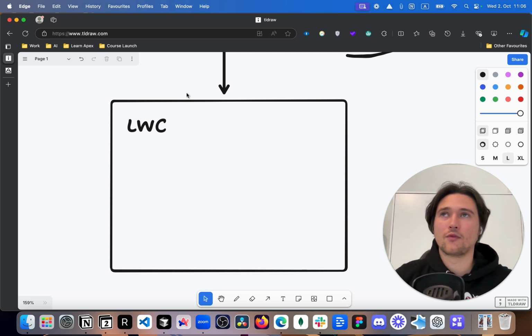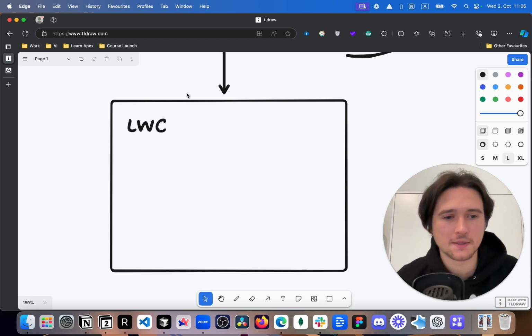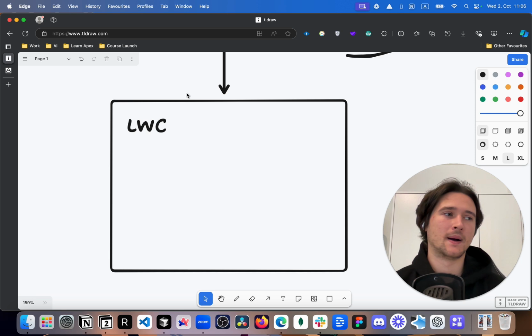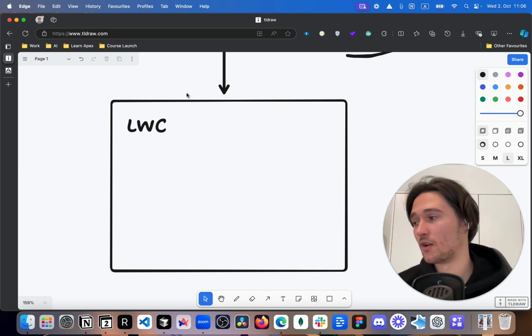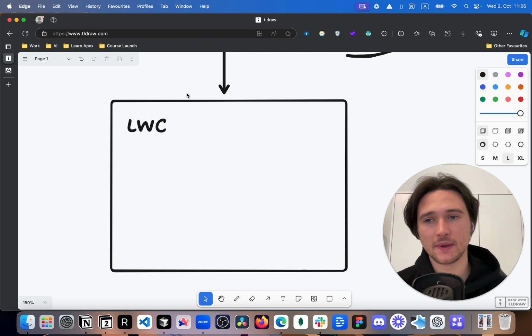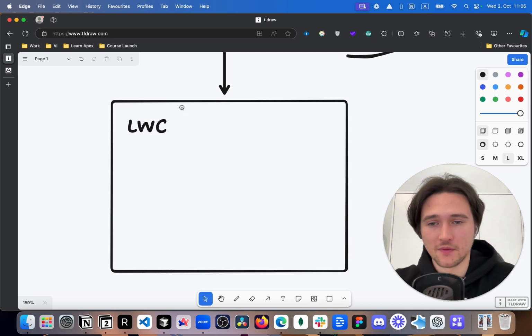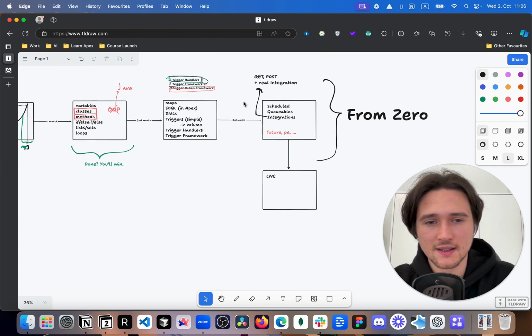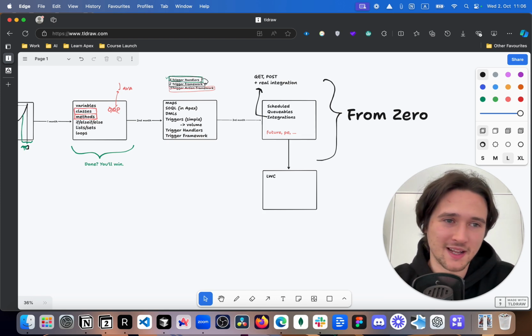From my experience, LWC is the weakest skill of people in comparison to all the previous things. So if you start from zero, you also probably don't know LWC. But even if you don't start from zero, usually you also don't know LWC.